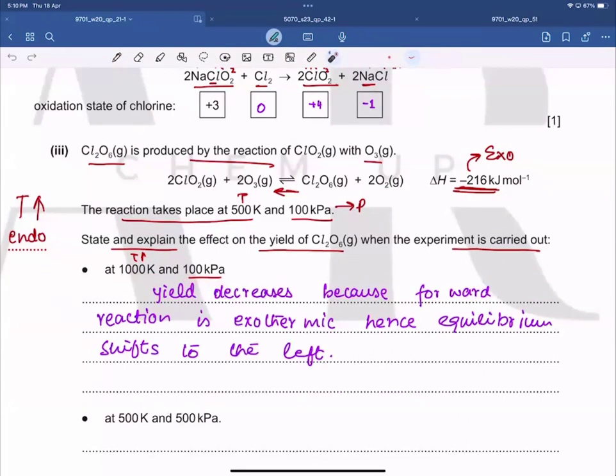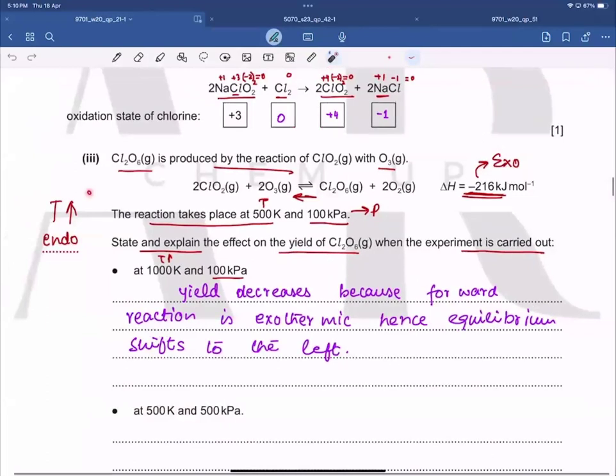So see, the enthalpy change is telling us that the reaction is exothermic, and the rule that we have studied is that an increase in temperature shifts the equilibrium towards the endothermic side.